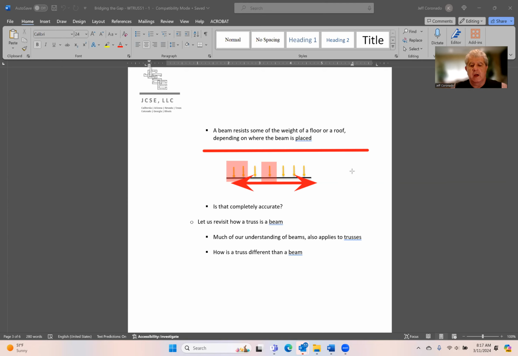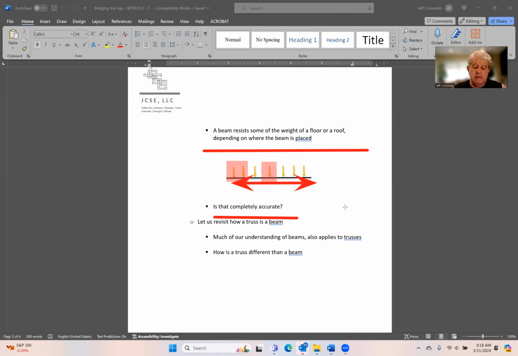So what do we have for a beam? A horizontal member that resists weight acting perpendicular to its long axis. That's a simple way to think of a beam. Is that completely accurate?